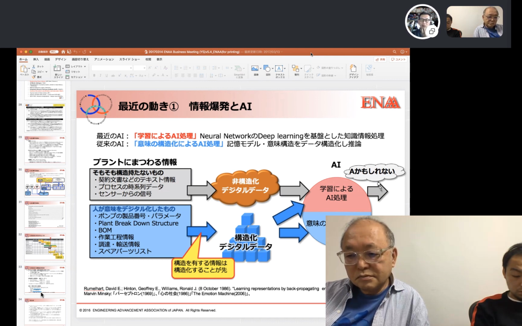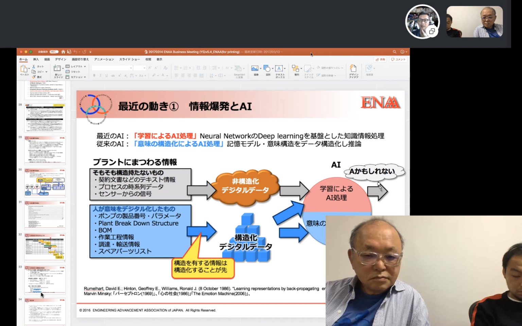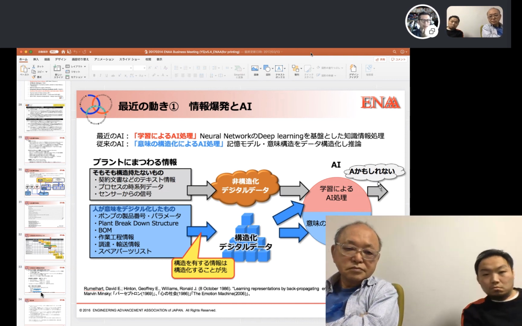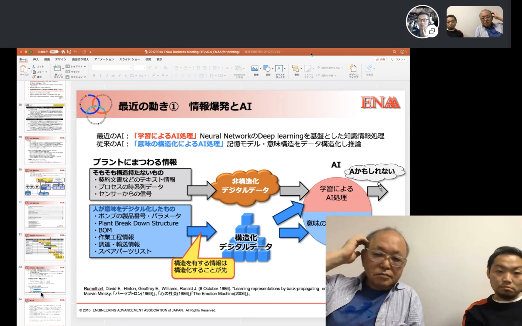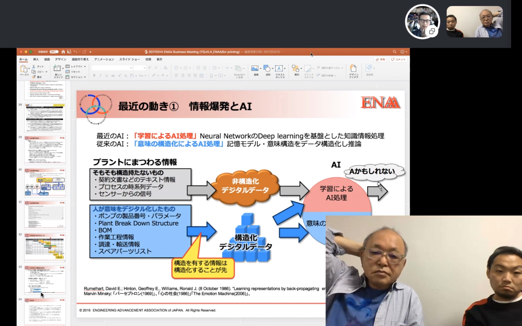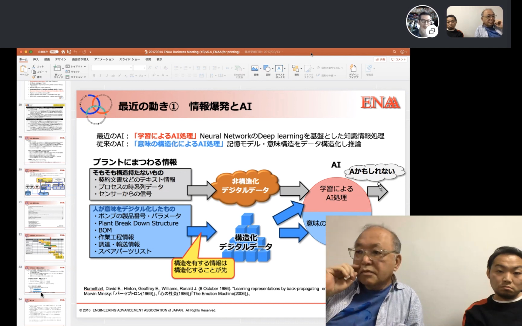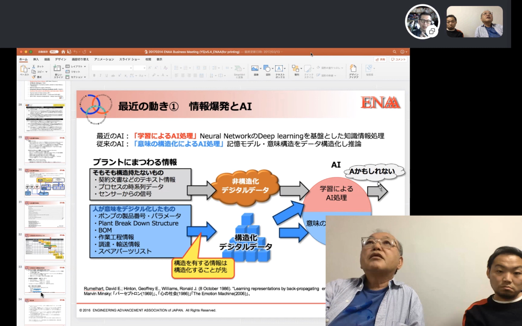But if we try to use machine learning AI without the intervention of mankind, there will be, I think, very strict limitations for the future of machine learning AI. One good example is the autonomous driving vehicle. At this moment, the AI is used for assisting the driver.